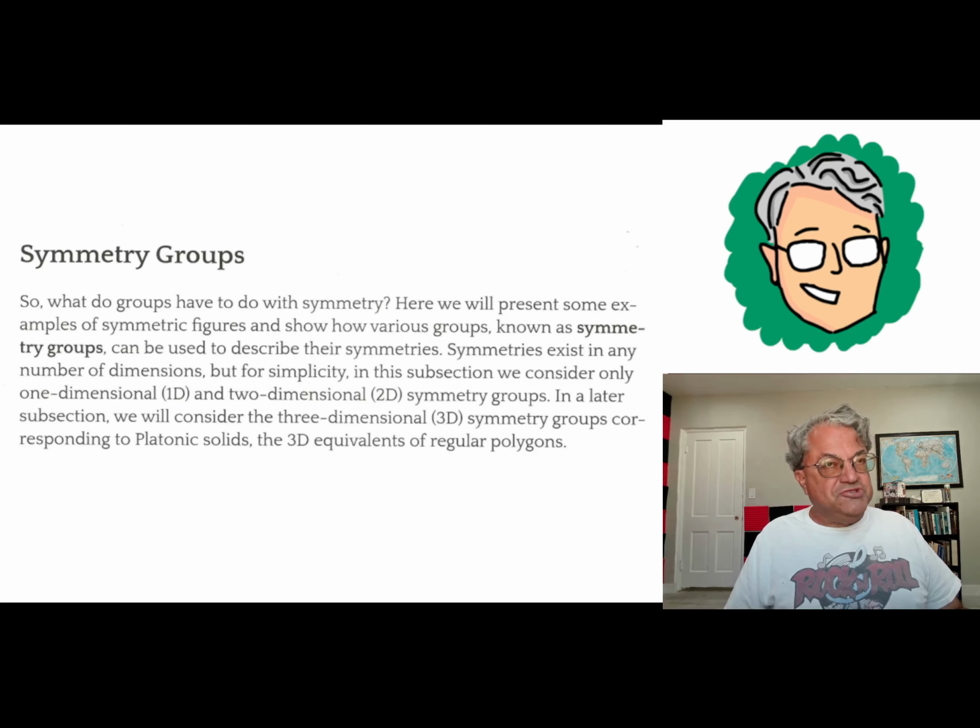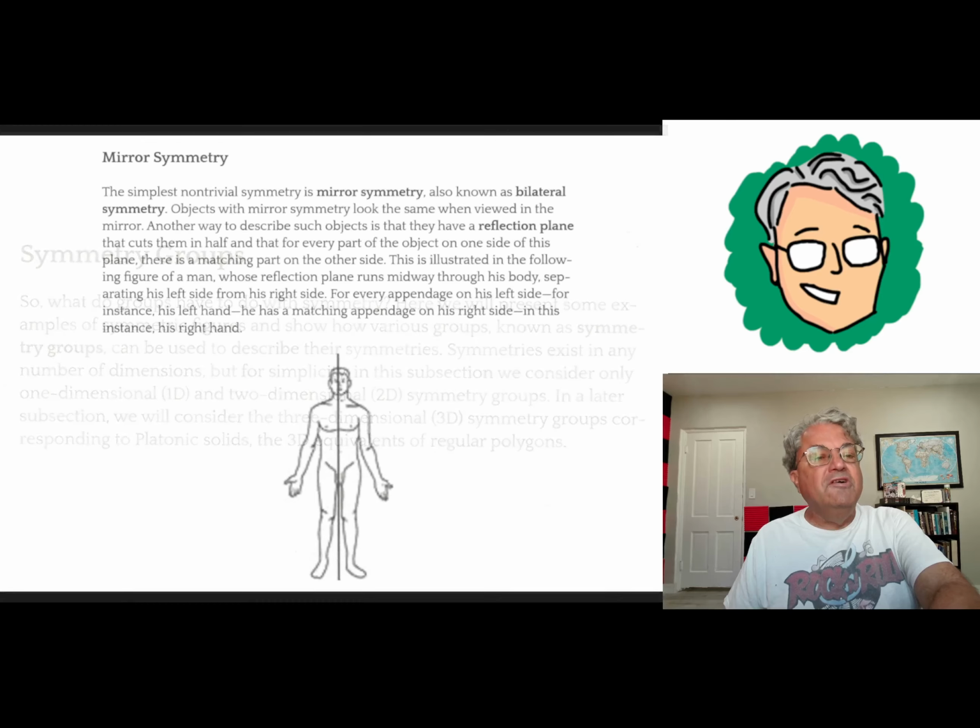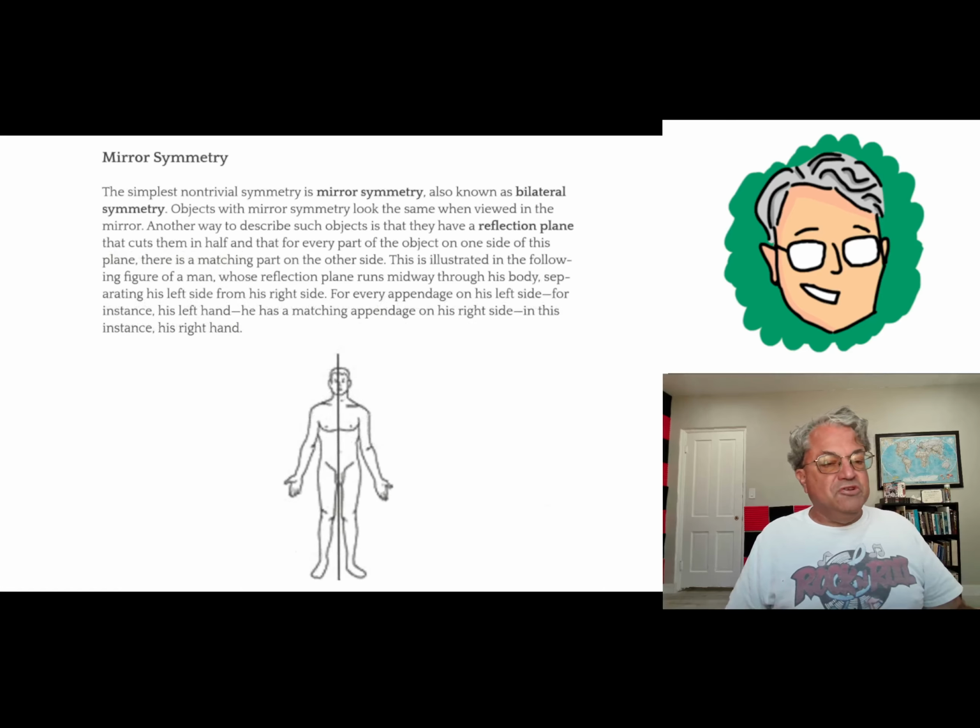A big application of group theory is studying symmetries of various objects. And as we'll see, there's a lot of different types of symmetries. There's probably a lot of types you never even considered before. But anyway, that's kind of an overview of where we're going. And in particular, today I'm going to talk about mirror symmetry, which is also known as bilateral symmetry.